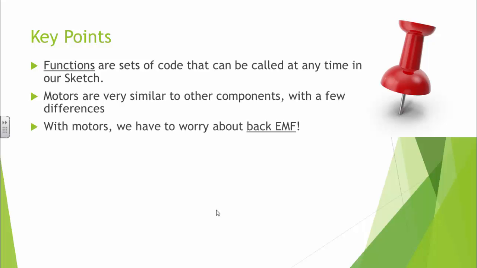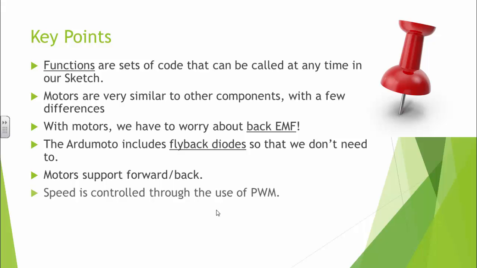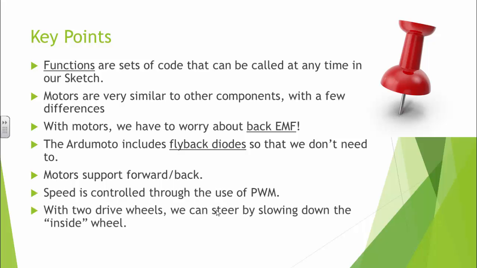We talked about and defined back EMF and talked about why flyback diodes are so important if we're going to do electronic control of motors. And we examined how a motor controller can be used to drive 2 motors supporting reverse and pulse width modulation, and you had a look at how to control the movement of a robot based on relative speed of the wheels.